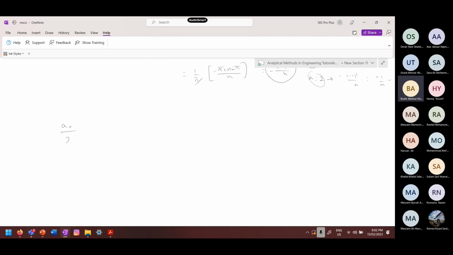You'll get a0 over 2 plus summation bn sine n pi x over L plus summation an cosine n pi x over L. That's f of x. That's the approximation.